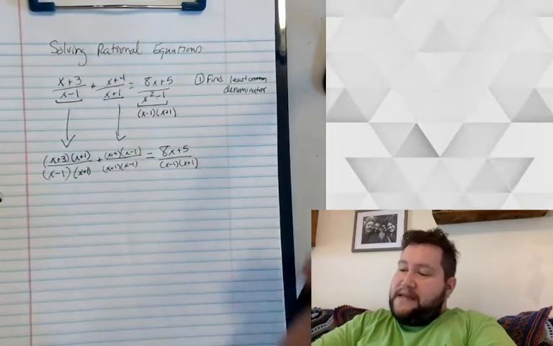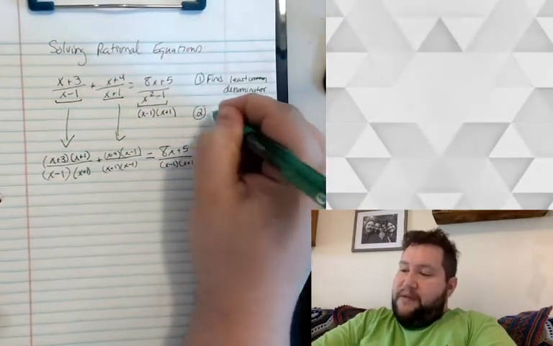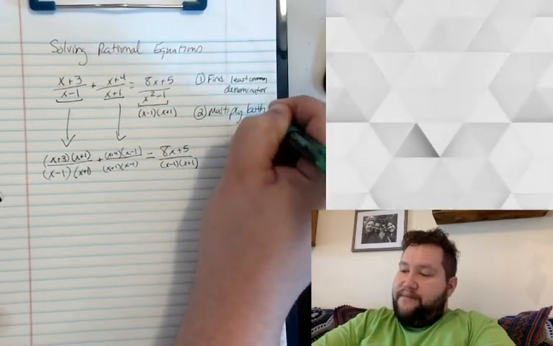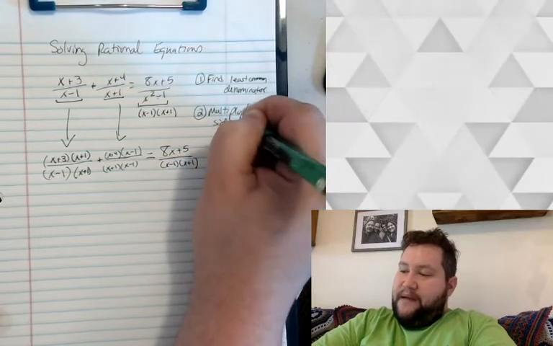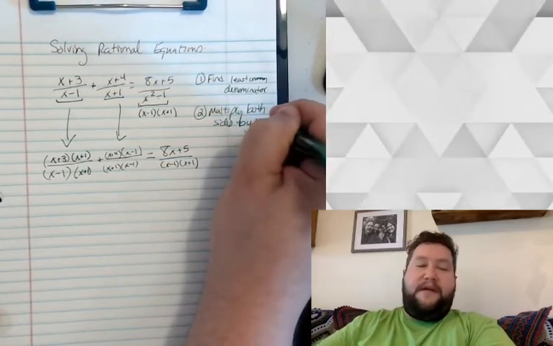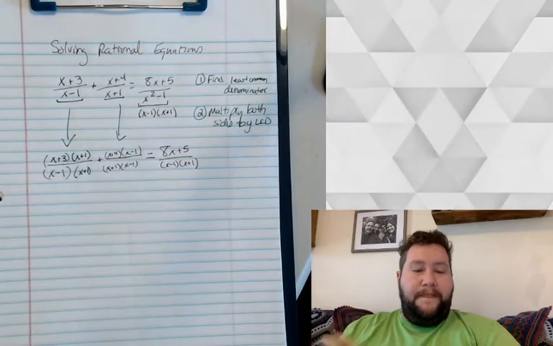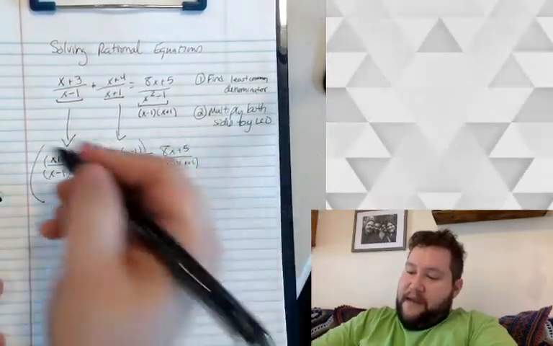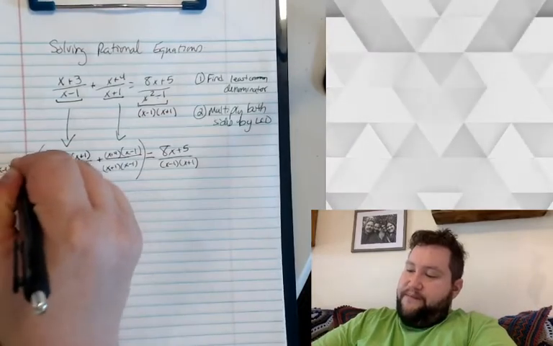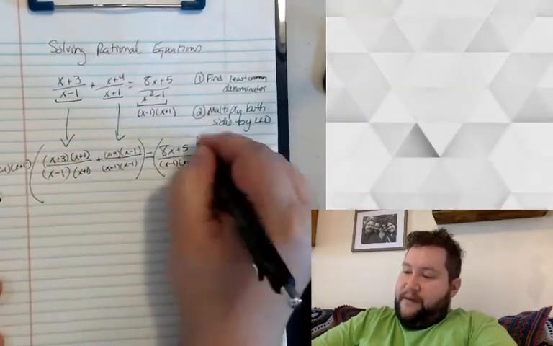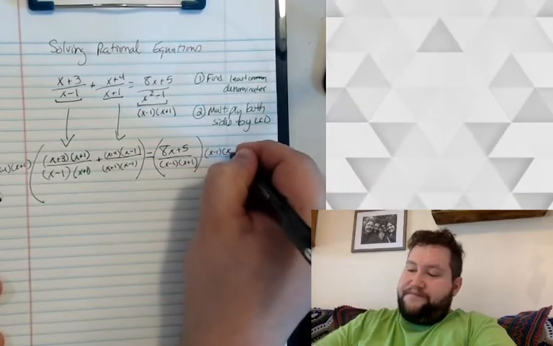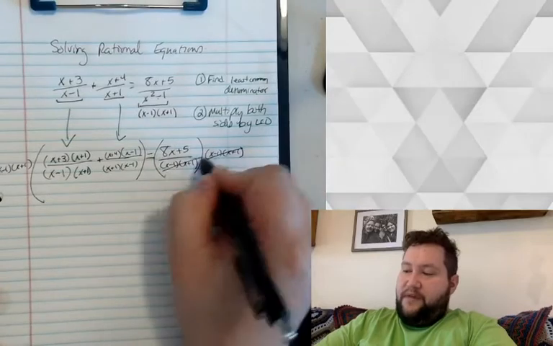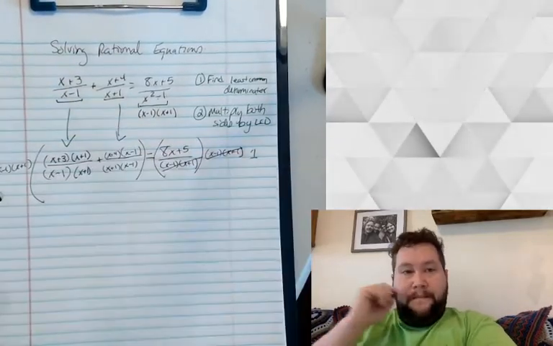And so our second step is multiply both sides by the LCD, least common denominator. And so, put some big parentheses around that. X minus 1, x plus 1, x minus 1, x plus 1. So this one divided by itself is just a 1.